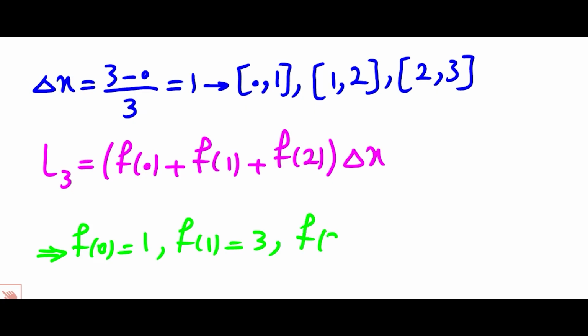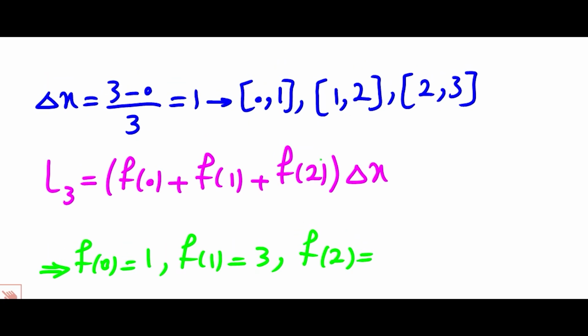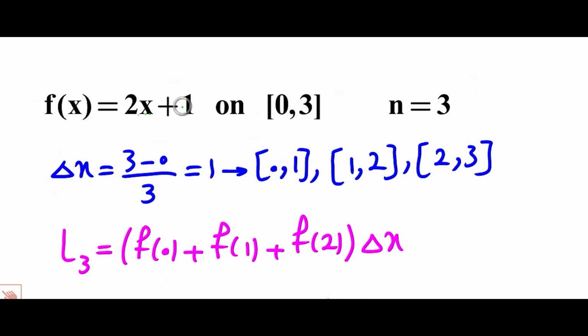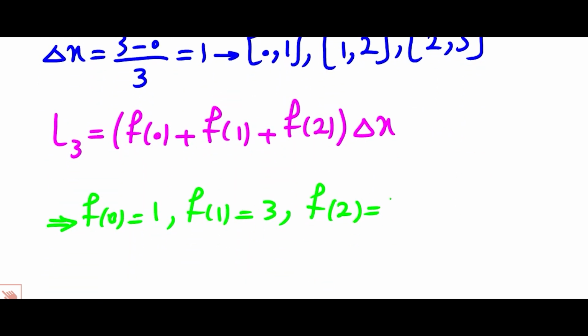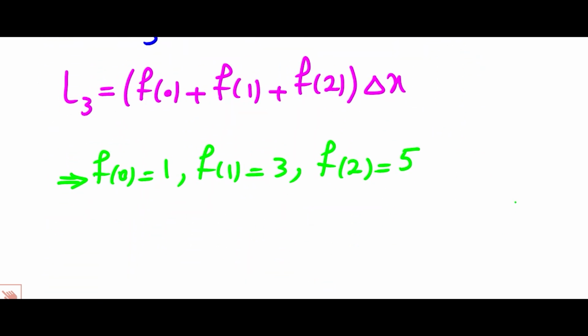And f of 2 equals 2 times 2 plus 1 equals 5, right? So L3 equals 1 plus 3 plus 5 equals 9 times delta x. Delta x equals 1. So L3 equals 9.